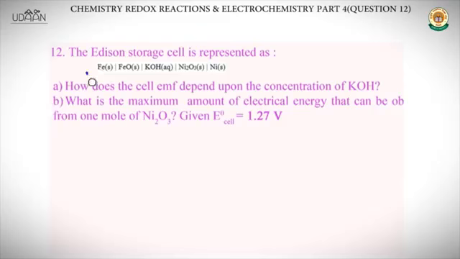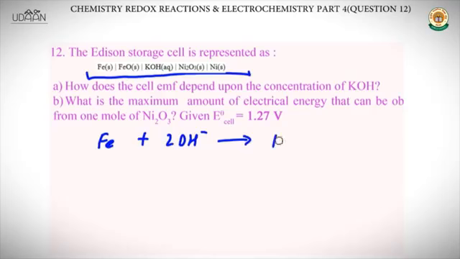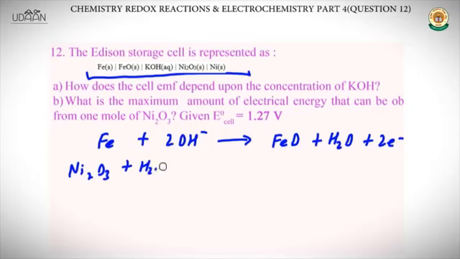So from this we can write the half reaction as Fe plus 2 OH negative gives FeO plus H2O plus 2 electrons, and Ni2O3 plus H2O plus 2 electrons gives 2 NiO plus 2 OH negative.